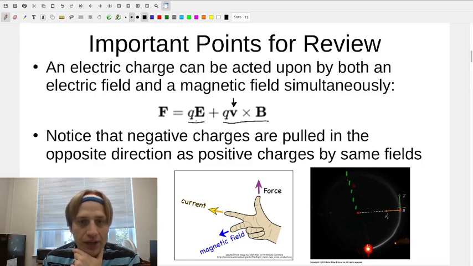So you have to add up the x component, y component, z component. And just like with our electric field, if that Q is negative, so if we have a negative electric charge like an electron, for instance, then we would go opposite the direction of V cross B. But that's the same as we had with electric fields, because if we had a negative charge, the force would be opposite the direction of the electric field.